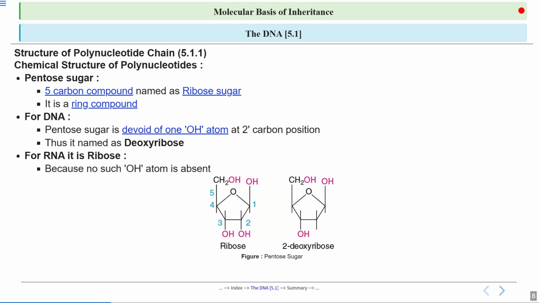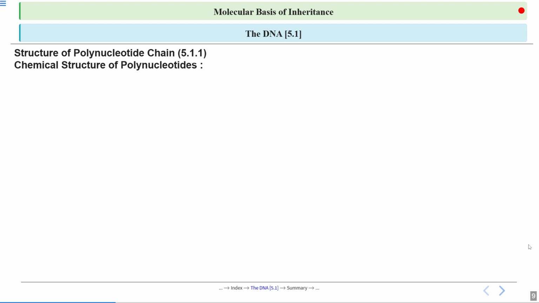So this is the difference between the pentose sugars we are talking about. As we have now seen the nitrogenous base and the pentose sugar, now it's time to see the phosphate group. So now we will move to the third component, which is the phosphate group.